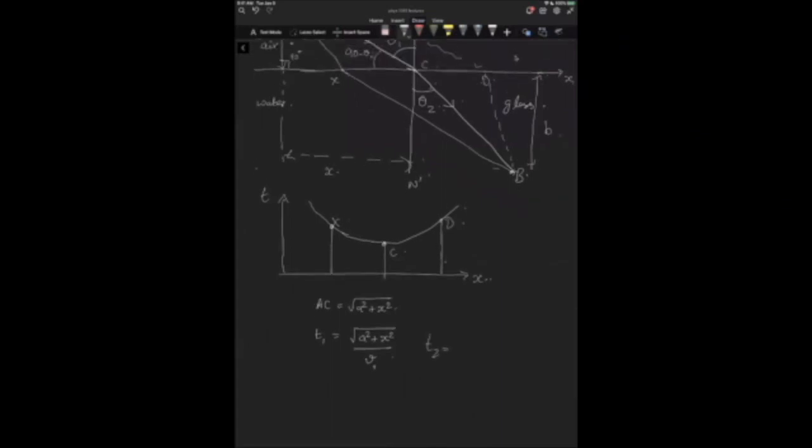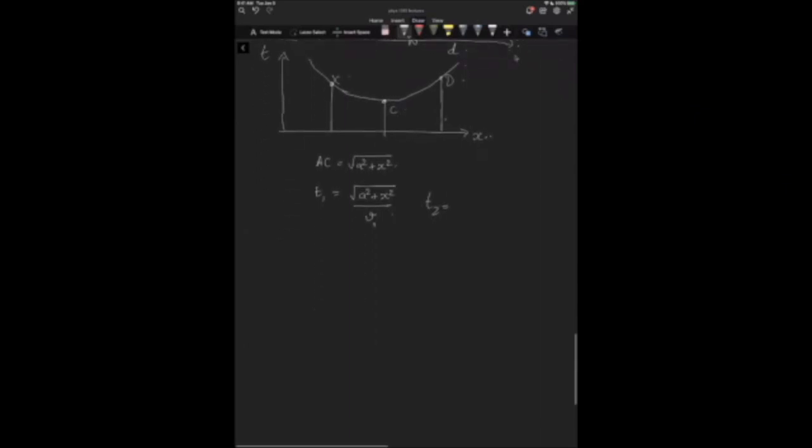Now to locate the point for t2, we need to also know the distance between the origin of the coordinate system and the point B on the x-axis, which is this distance d. And so we see that this distance is the square root of b squared plus (d minus x) the whole squared, right?